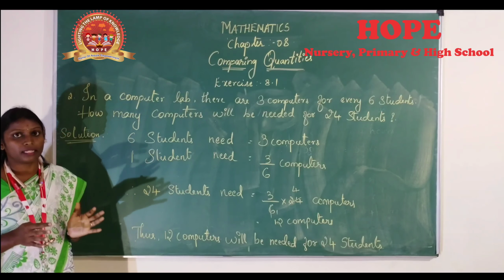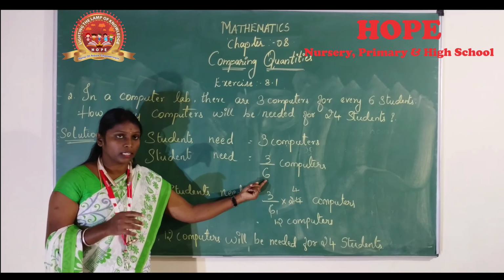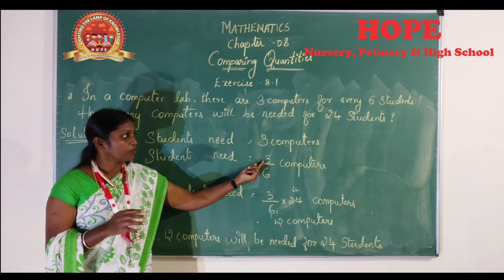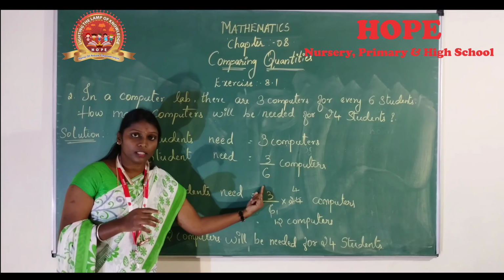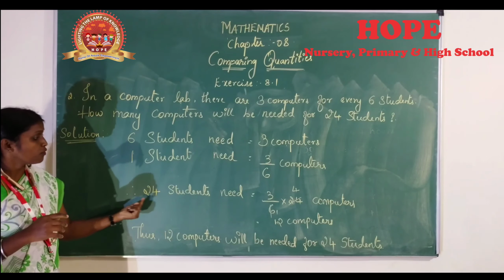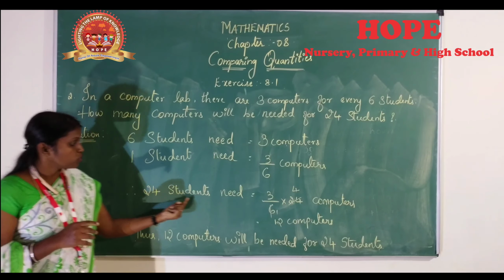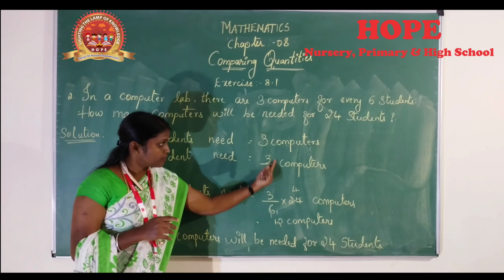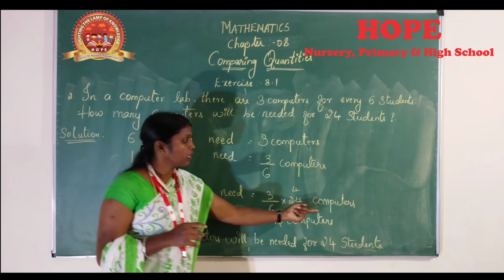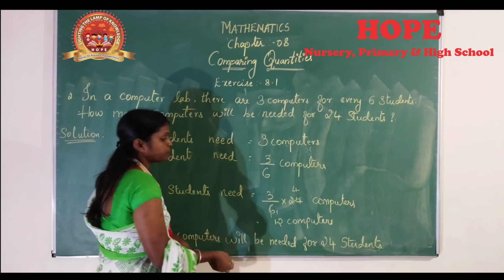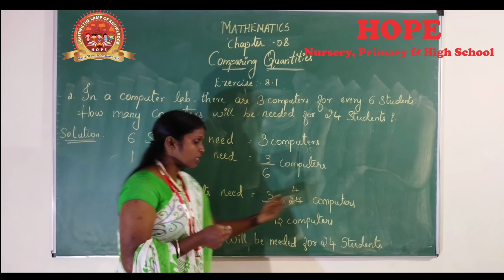So 3 computers will be used by 6 students. Therefore, for 24 students, how many systems are required? 24 students need 3 by 6 into 24 computers.